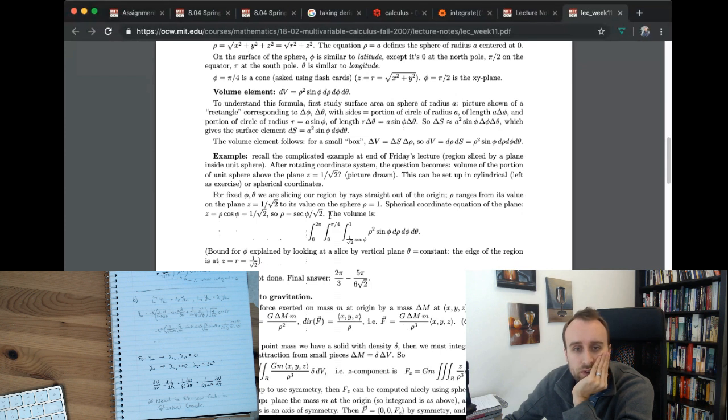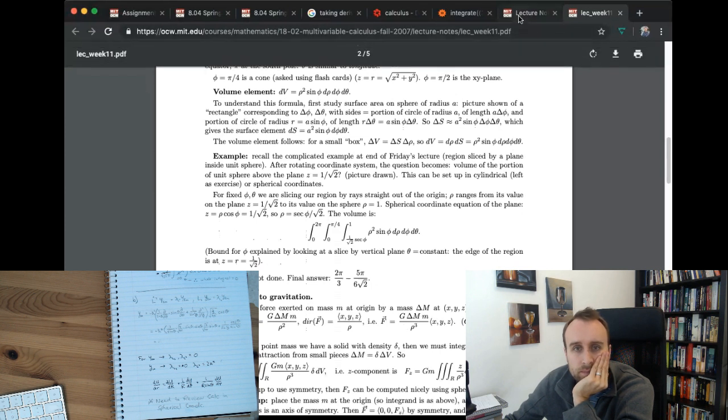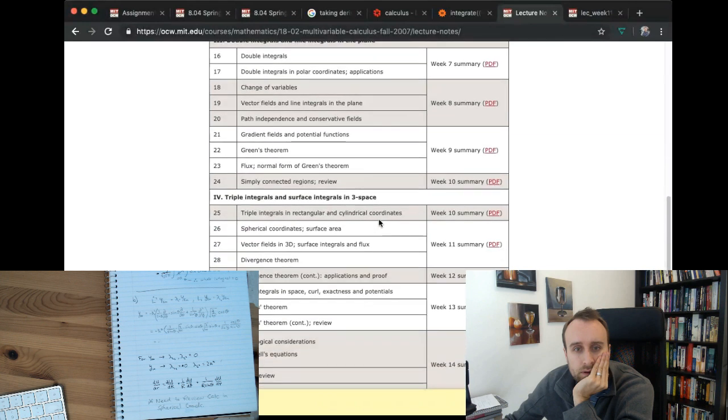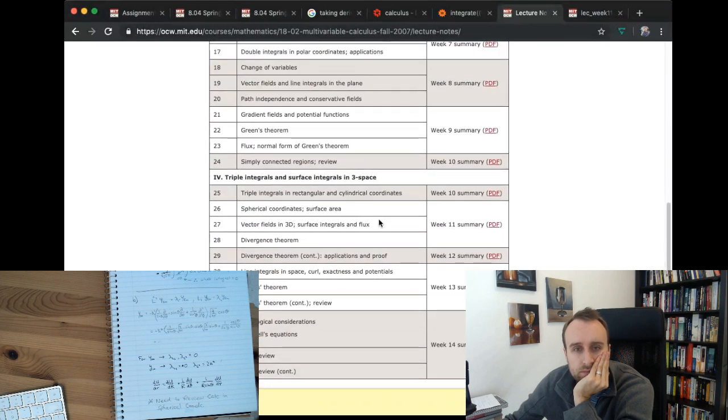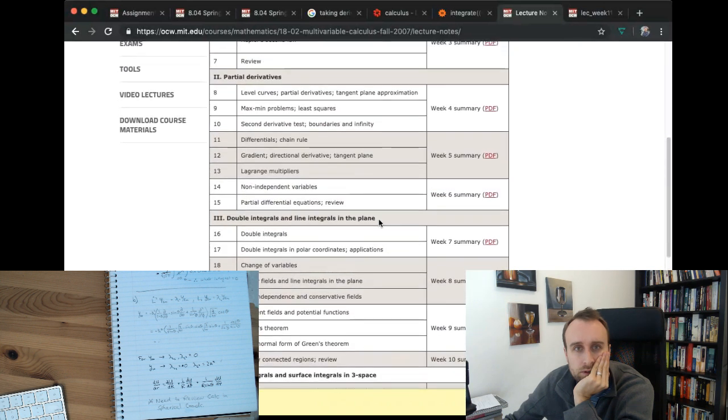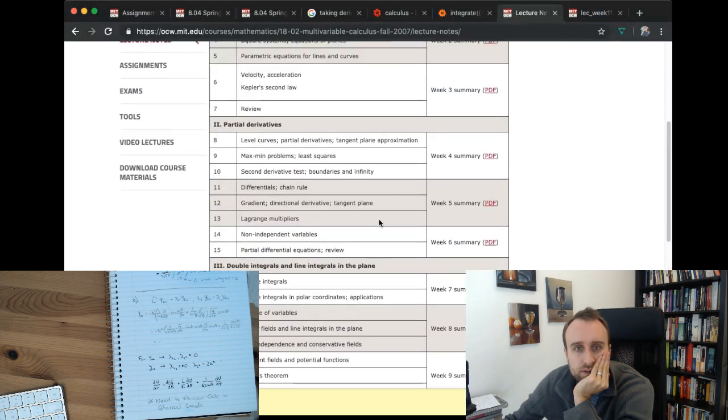We've got integrals here. I don't know whether this is actually partial derivatives. Do I have derivatives in this space?